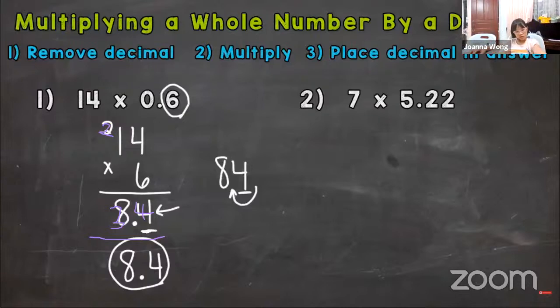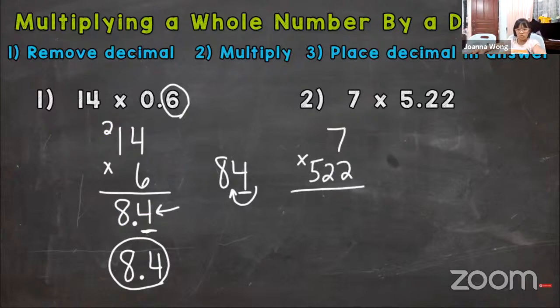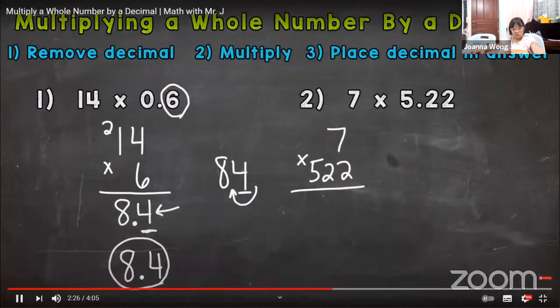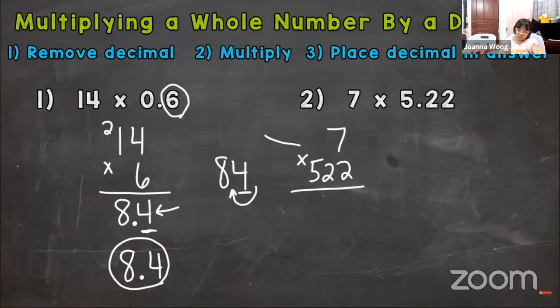On to number 2 here, where we have 7 times 5 and 22 hundredths. First step, remove any decimals and rewrite the problem. So we get 7 times 522. Now when it comes to multiplication, we want the number with more digits on top. We can solve it like this, but it's much easier to have the number with more digits on top.